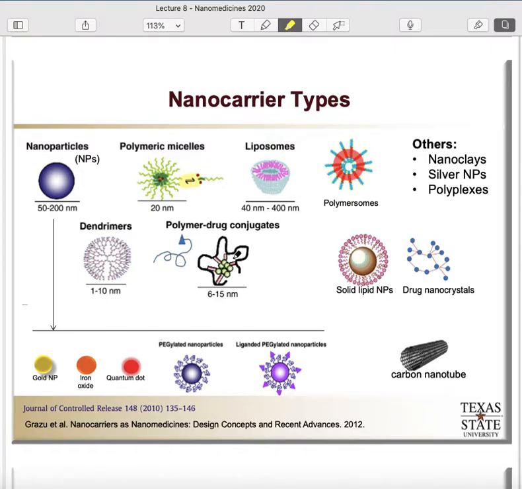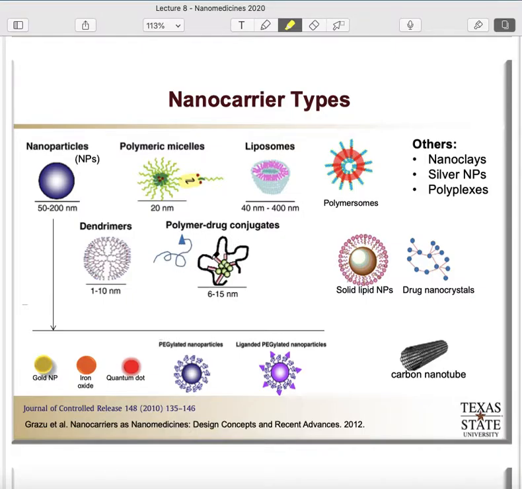That polymer conjugate is able to self-assemble according to the hydrophobicity of the drug. In this case, the drug is hydrophobic, so it wants to be away from water, and that's why you see the drugs aggregate and form a particle from that conjugate.